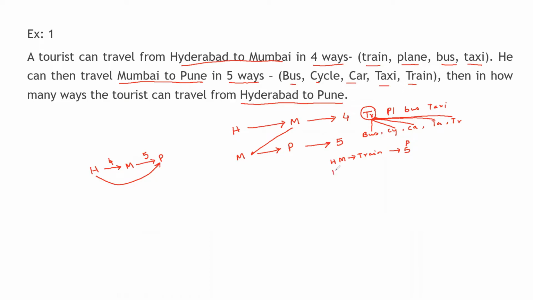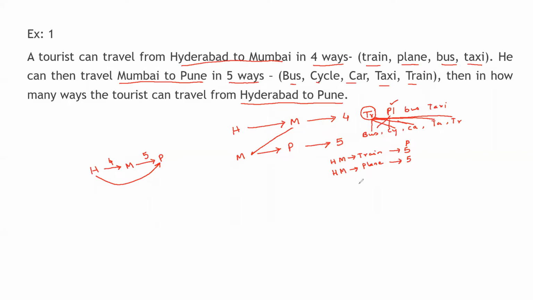Similarly, if I consider Hyderabad to Mumbai by plane, this is the second option, and again I'll get 5 options. Similarly, for each, I'll get 5 options.